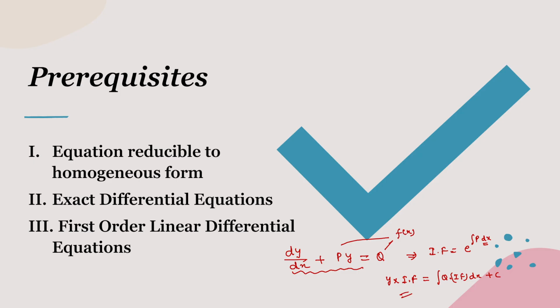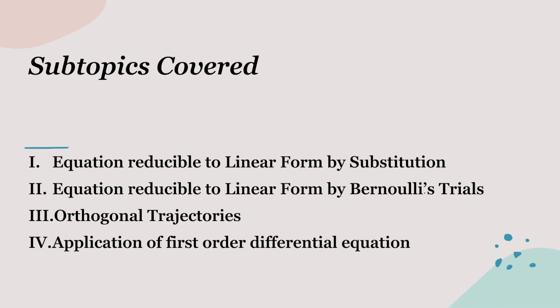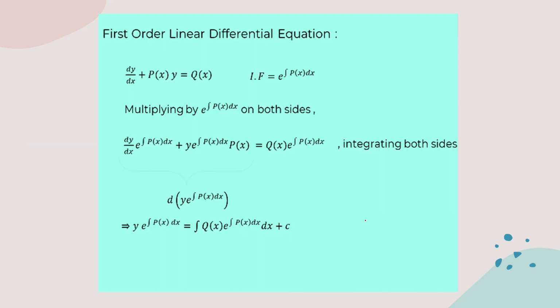So this was the final solution for that first order linear differential equation. In this class we will discuss all these topics as I already told you: equations reducible to linear form by substitution, then Bernoulli trials, then orthogonal trajectories, and the application part.